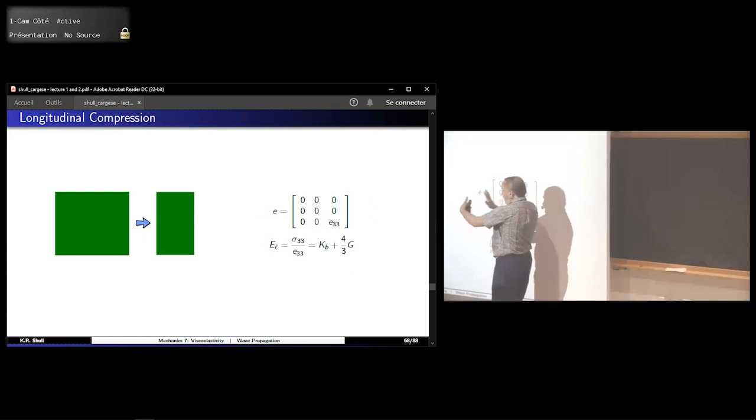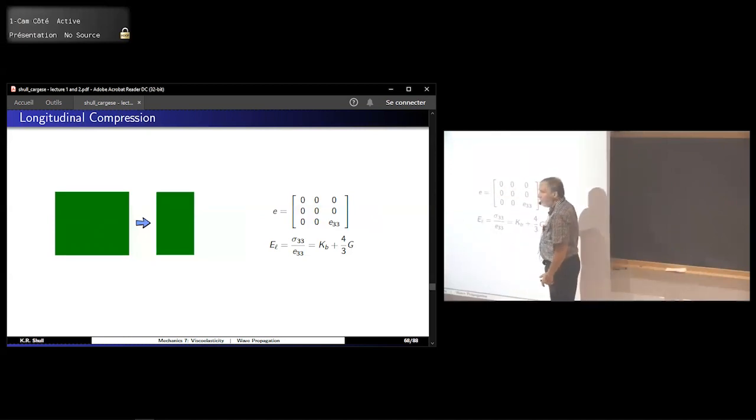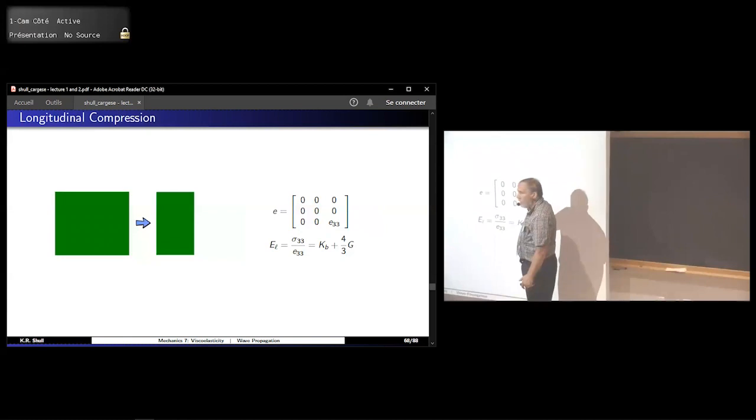The linear strain divided by the stress in that same direction is going to involve some combination of the bulk modulus and the shear modulus, and this is what it is for this particular case. For a gas or a liquid, the shear part is zero, really. So you're really measuring just the bulk compressibility of air.